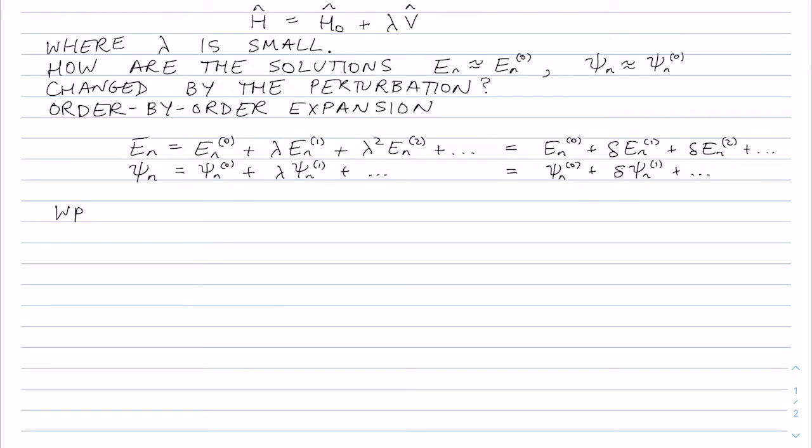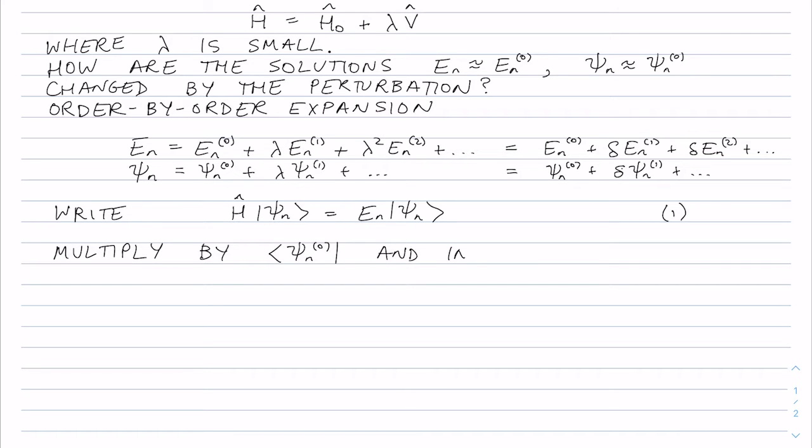So firstly, we write H psi n equals En psi n, and I'm going to give this equation 1. So now we take this and multiply it by the bra psi n 0 and integrate.